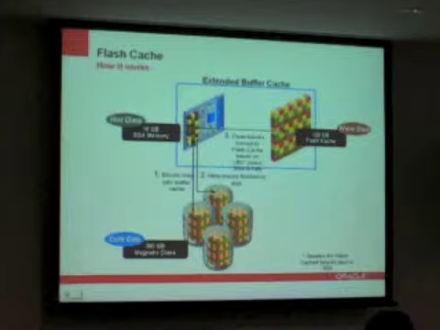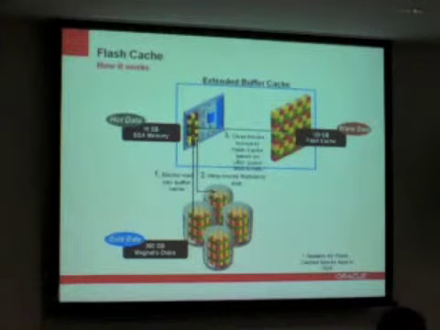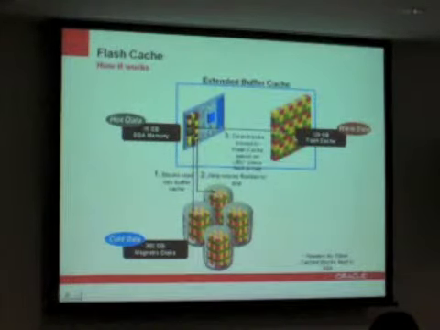So the flash cache works as an extension to your buffer cache. It's not going to be as fast as if the block was in the buffer cache, but it's going to be 30 to 40 times faster than if we had to get it off of disk. So the goal here is to keep as much data as possible off of the disk in an area that we can access very rapidly. And that's what the flash cache is about.